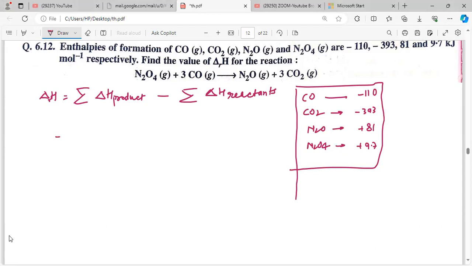So what can we do, sir? We will add this one, N2O4, 9.7, minus 110. Then what answer are you getting?